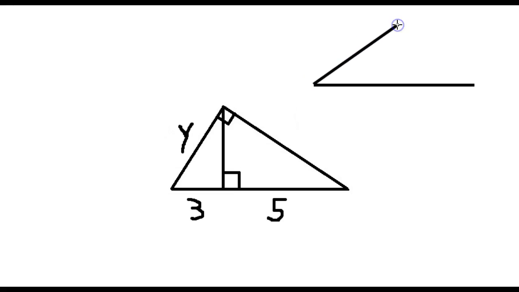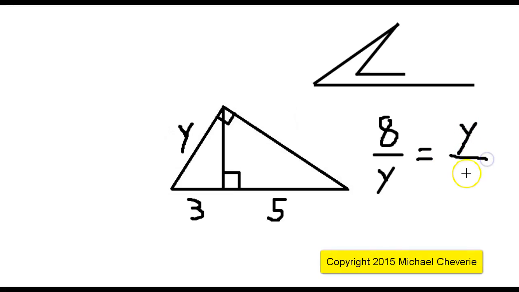Then it includes the length of the leg that we're looking for, and again the length of the leg we're looking for, and then the short part of the hypotenuse. And so the proportion that we can write using this schematic is the entire length of the hypotenuse, which is 8, divided by y, is equal to y divided by 3.